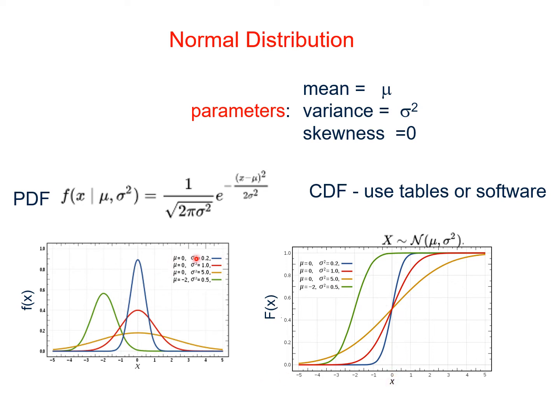So for first three, blue, red, and yellow, mean value is 0. And if you go from here and read the probability, then we see this is 0.5. So cumulative probability is 0.5 at mean equals to 0. So for both green and other distributions.